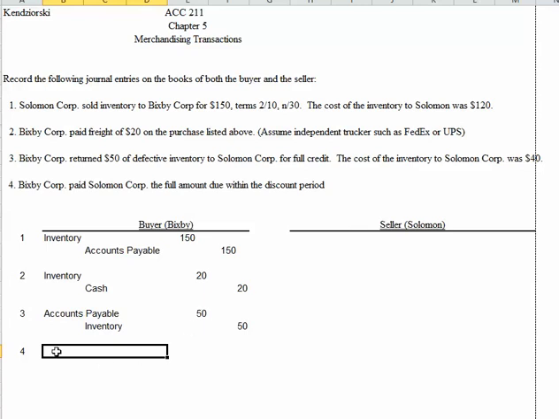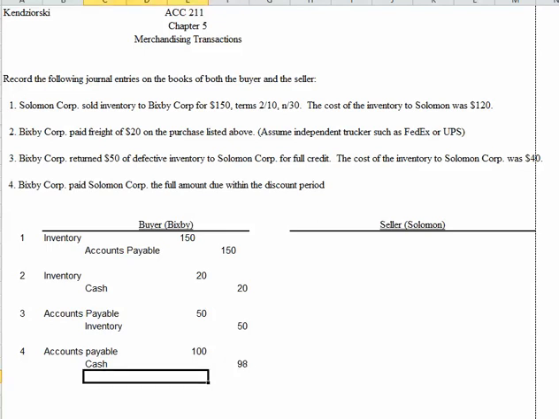In our journal entry, though, the first thing we're going to want to do on the debit side is reduce our accounts payable. Are we going to reduce the accounts payable by just $98? No, we're going to reduce accounts payable by the full $100 because we want to reduce the liability all the way down to 0. We want to wipe that out completely. We don't owe Solomon anything anymore. So the cash going out the door, though, is only $98.